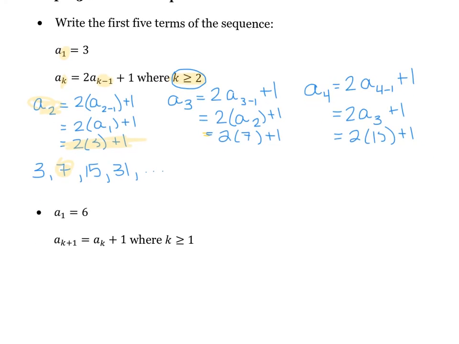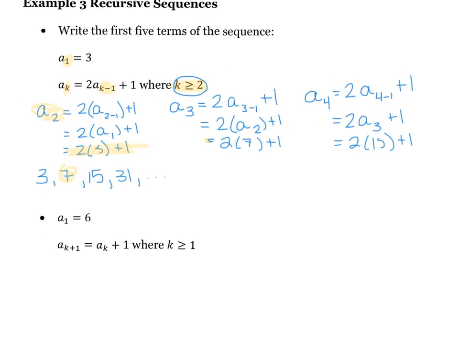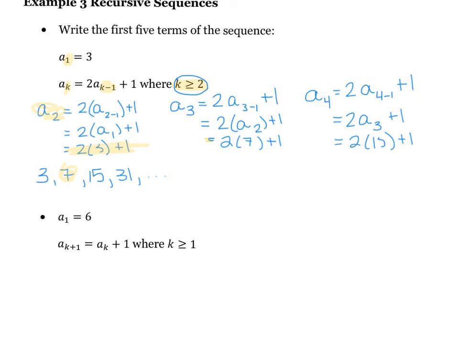So here's what all of that looks like if you didn't get a chance to write it down. First we wrote down the first term because they gave it to us. Then to find my second term, I needed to use the first term, multiply it by 2, and add 1.